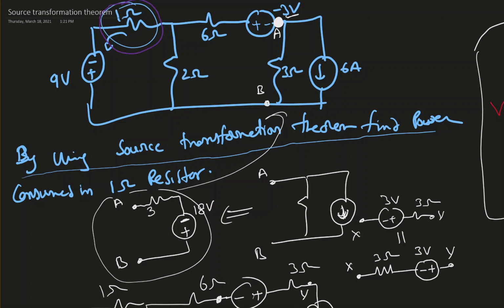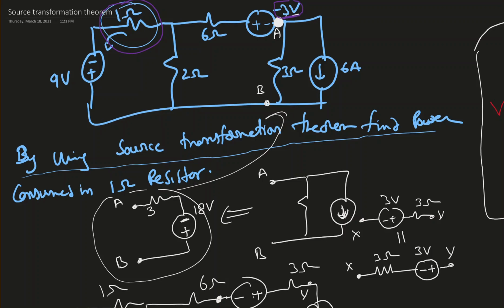So all I need to know is the current flowing through that resistor. Since I'm using the source transformation theorem, I don't want to mess with this resistor. Keep this resistor as it is. Now when I look into the circuit, I see a negative 3 volts.